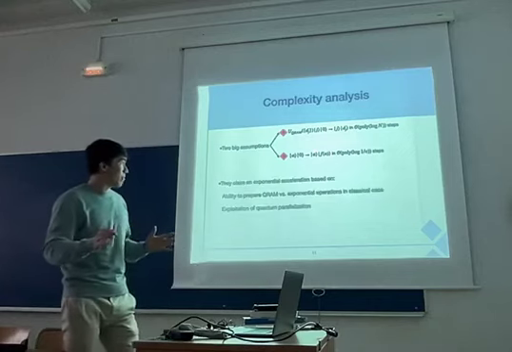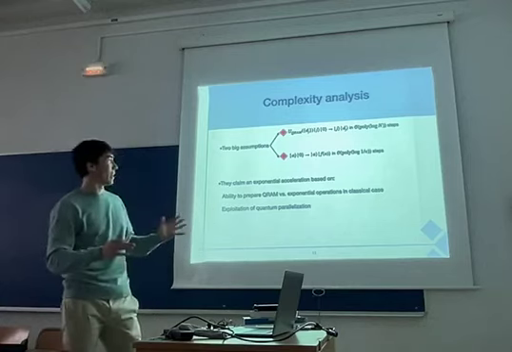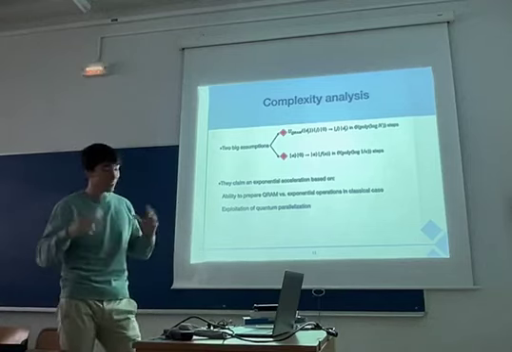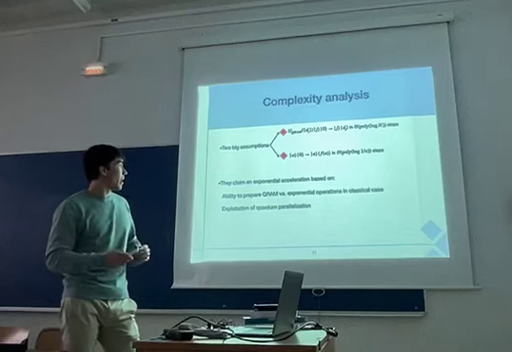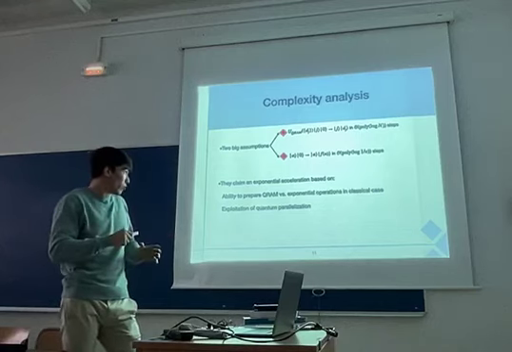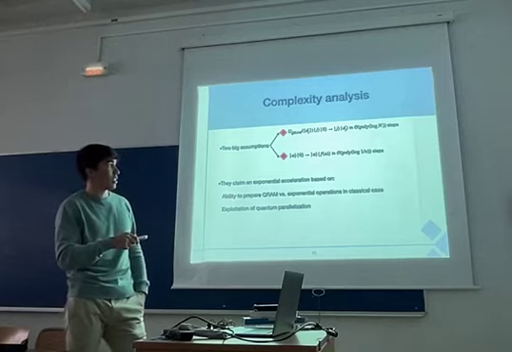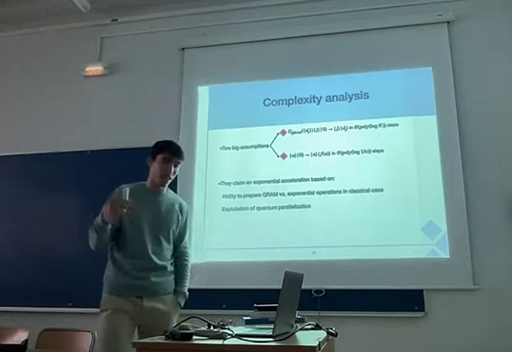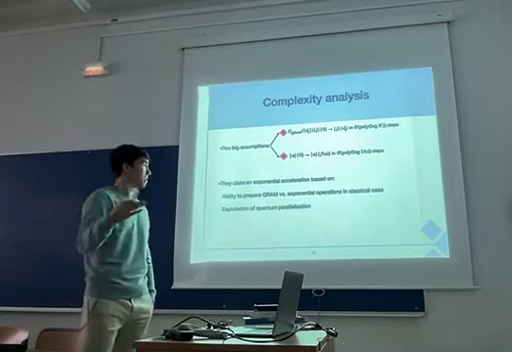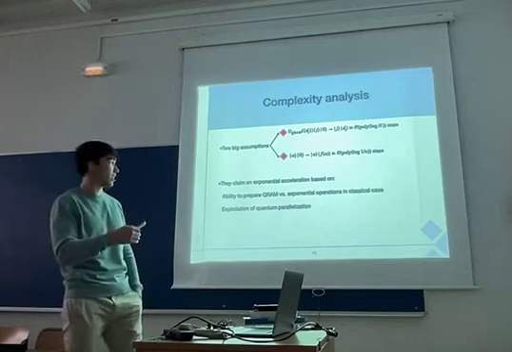Okay, they claim, don't kill me, this is not my result, this is what the paper claimed. They claim an exponential acceleration, in theory. Their justification is the ability to prepare a quantum random access memory versus the exponential number of operations that you need classically to do the same, and this allows them to assert that they have an exponential acceleration in this algorithm.